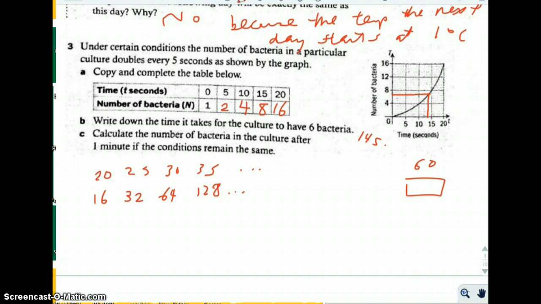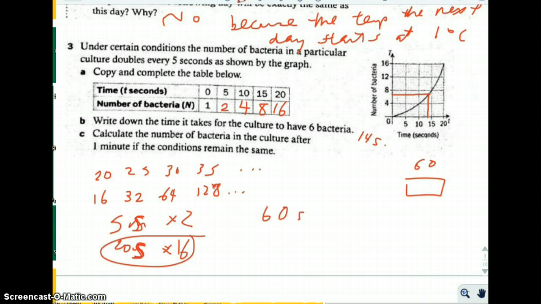The other way you could do it, which is a little bit more clever, is you say, okay, in 5 seconds it doubles. In 20 seconds, it multiplies by 16, right? So in 60 seconds, it would multiply by 16 three times, right?